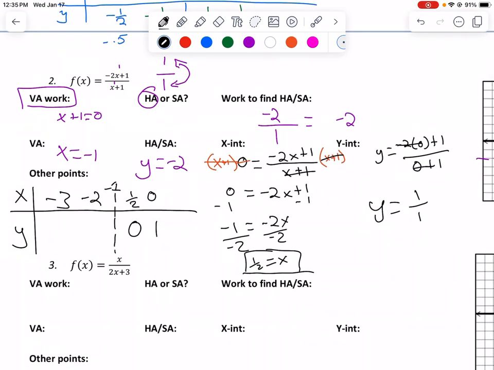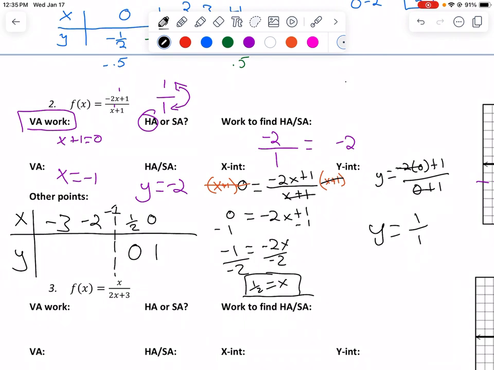So if I plug those into my function, negative 2, if I put a negative 2 in here, that's going to make positive 4 plus 1, which is 5, over negative 1, which makes negative 5.